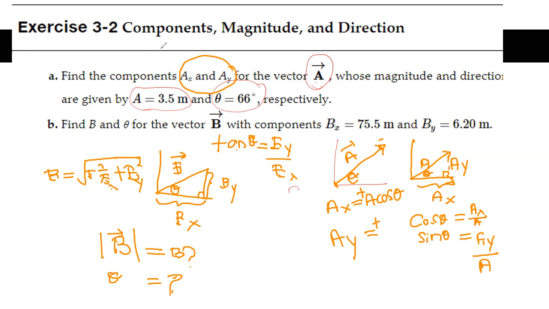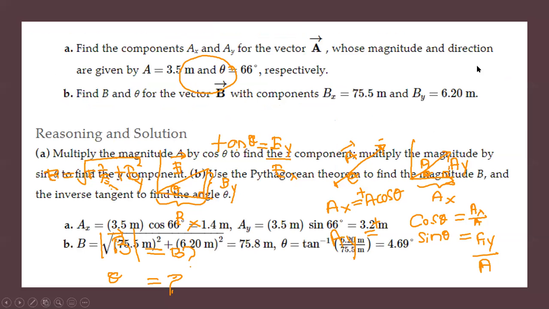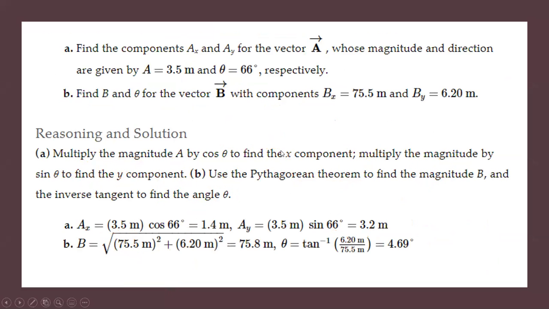Before you go to the next slide, listen to this and try it yourself, and after that you can check the answers. Let me clear my drawings and you will see the answers.